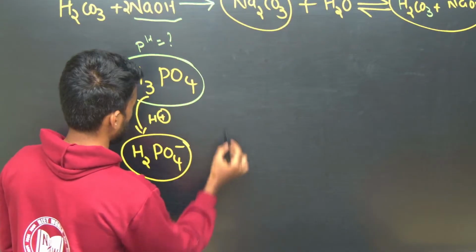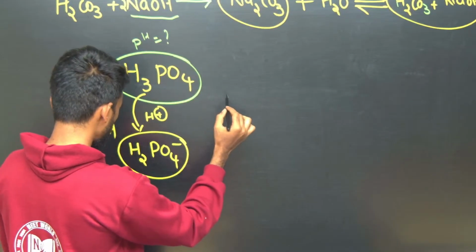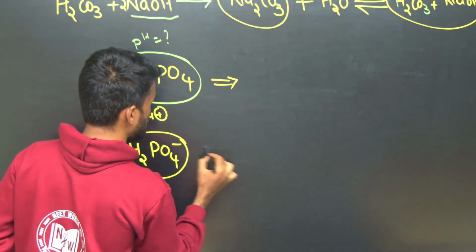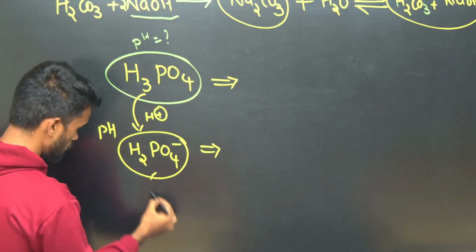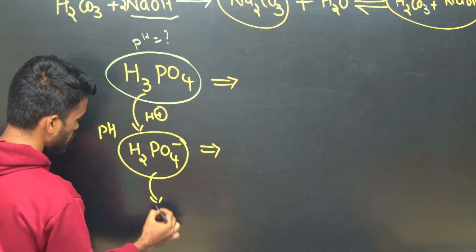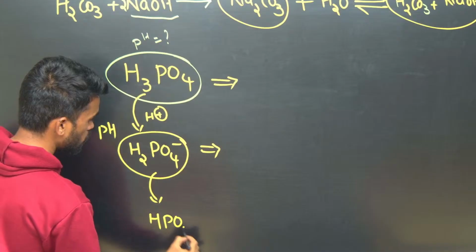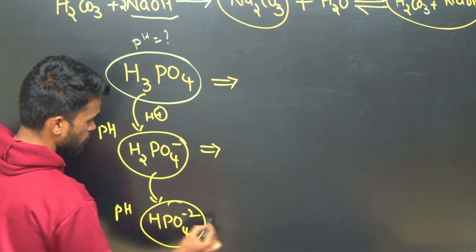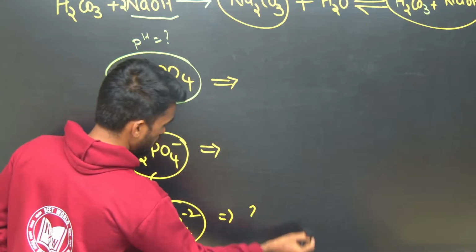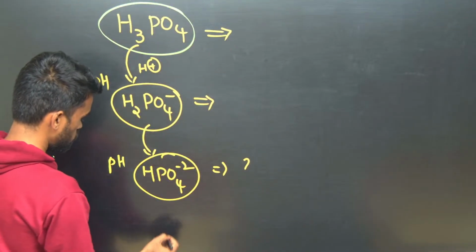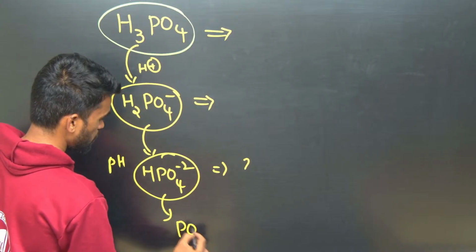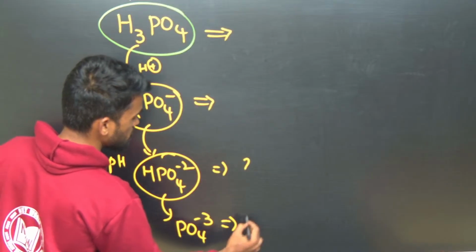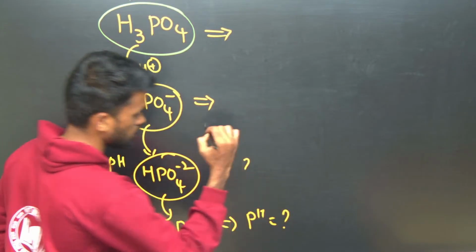You write here beside this, and make your concept clear with this kind of approach. Now one more proton I am removing, it becomes HPO4 2 minus. Tell me the pH of this component, and if one more proton is removed, it becomes PO4 3 minus. What is the pH of this component? You tell me.